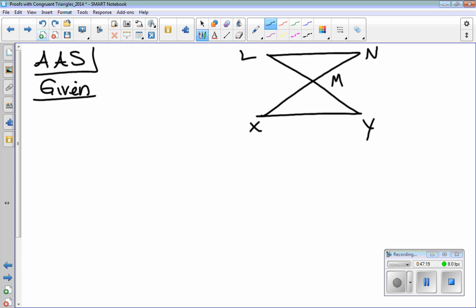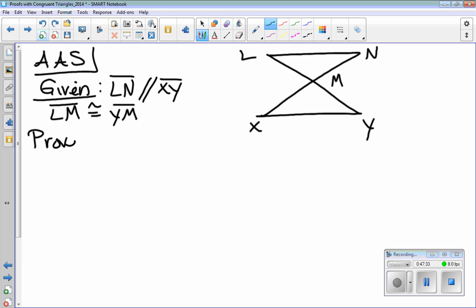We're going to be given something, and we're going to be asked to prove something. So let's draw our parallel information because that's given to us. We're also given some congruent marks. Let's see if we can get angle side.